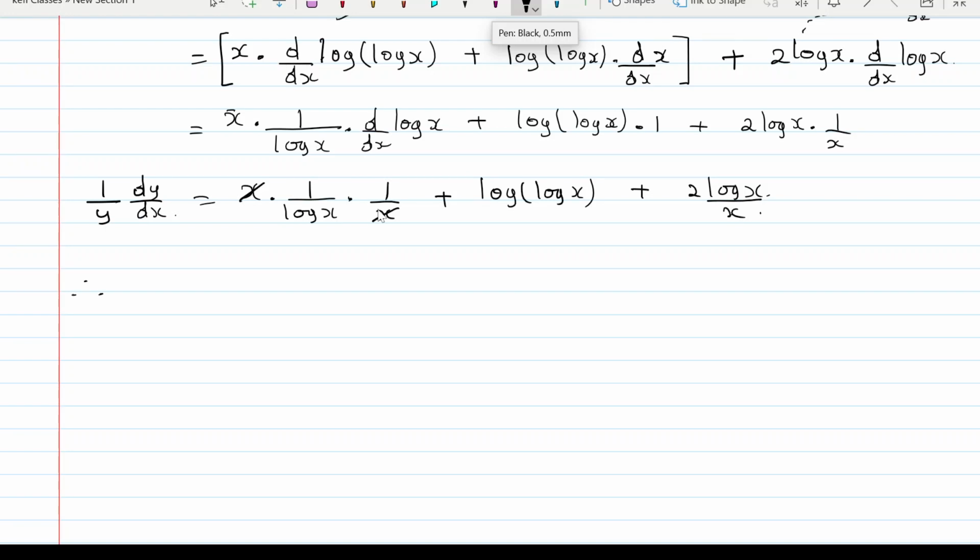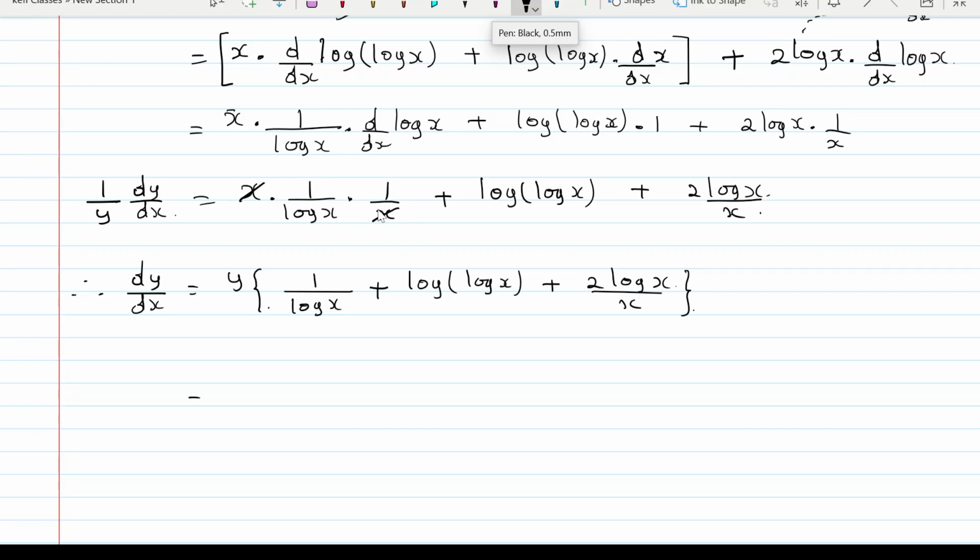So now shift everything y to that side. So dy by dx is equal to y into 1 upon log x plus log of log x plus 2 log x upon x. Okay, which is equal to what was y?